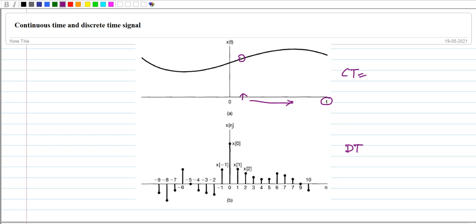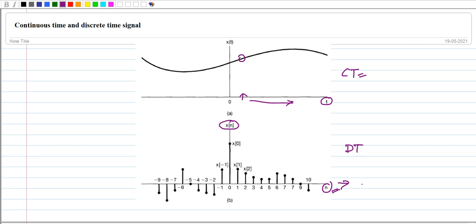Whereas in the case of discrete time signal, x represented by x of n, the independent variable is represented by the variable n. So here the value of the signal is defined only at integer values of the independent variable.